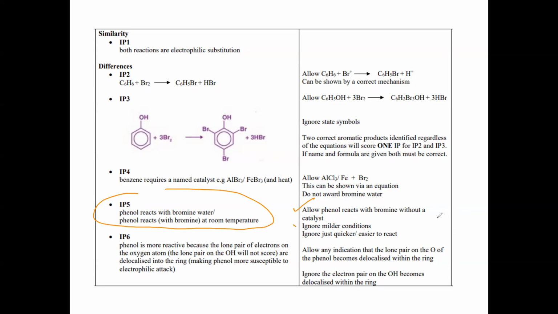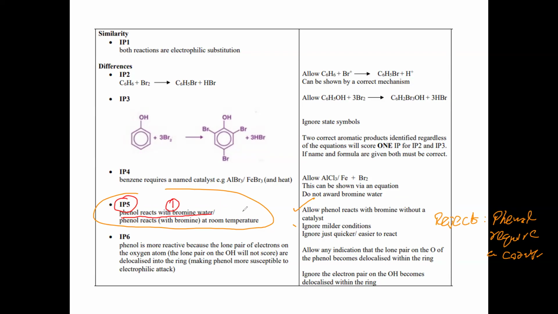But if you see another answer called reject, let's take that we have reject. Reject says, for example, phenol needs a catalyst. If you said phenol requires a catalyst, that is a reject answer. So let's say that first you wrote in marking point 4 that phenol reacts with bromine water. That means you got marking point 5.